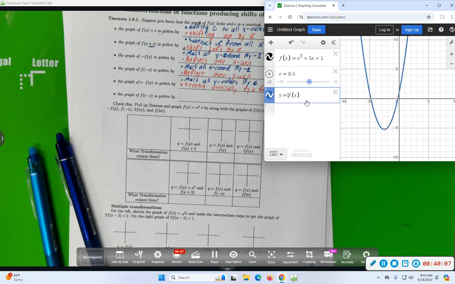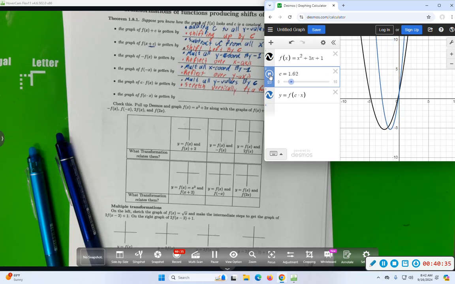F of c times x. And again, we'll start with c equal to 2. That look like all the x values have gotten compressed? And as that parameter c, let's let it go up to like 10. As that parameter c grows, it gets compressed more and more.